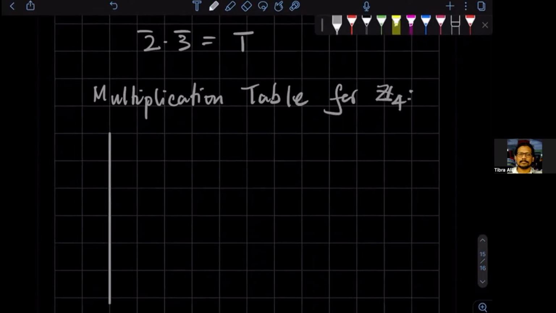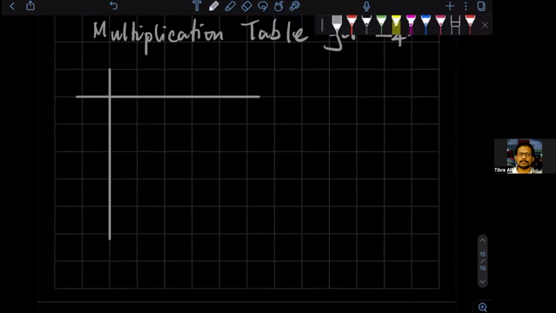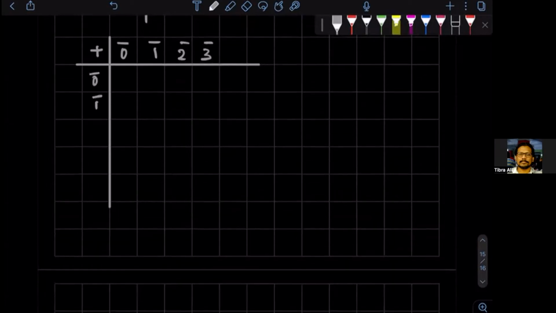So the multiplication for Z4 is essentially addition modulo 4. And we have 0, 1, 2, 3. And we can give them bars, 0, 1, 2, 3.